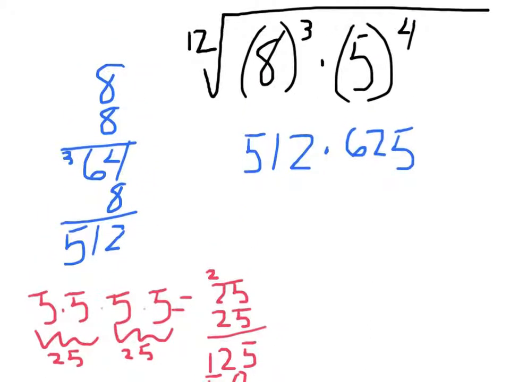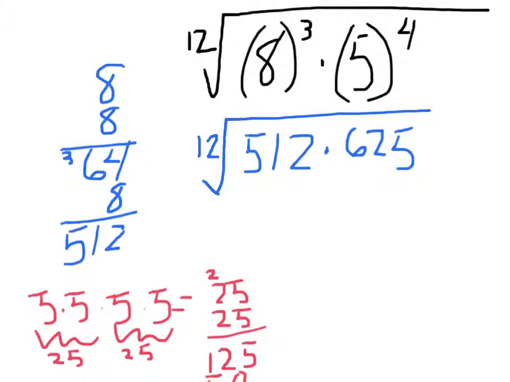So now if we look at this, we're looking at the 12th root of those two numbers multiplied together. OMG. So who's got a calculator? What's 512 times 625? We could go into Google and type it in right away. 12,800.